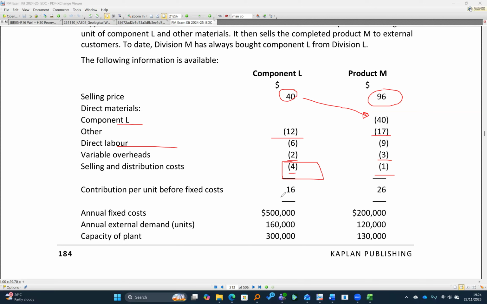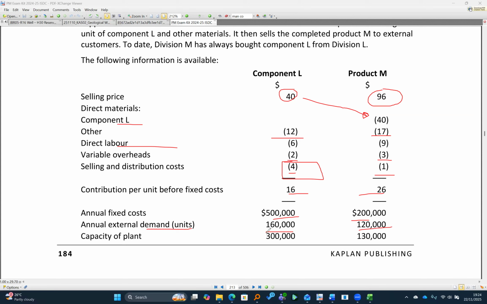Our contribution is here before the fixed costs. And then, of course, they start talking about the fixed costs, which include 500K for component A and then this one for M. Then we have external demand, 160,000 and 120,000.